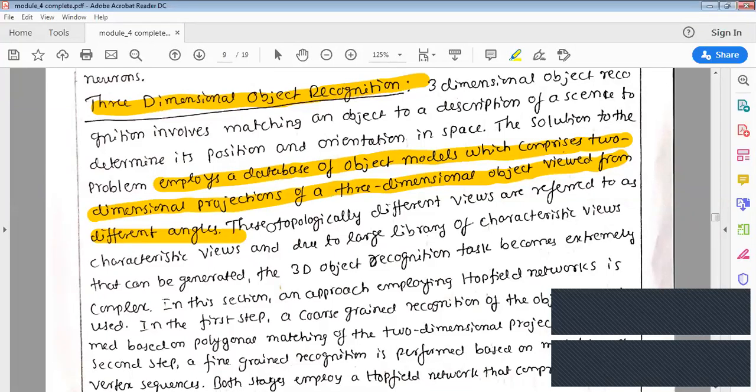So many angles you take the picture. A picture is a two-dimensional thing. These two-dimensional values are fed into the network. Therefore, the network understands how this object looks from different angles.